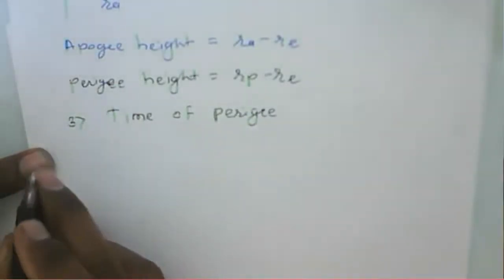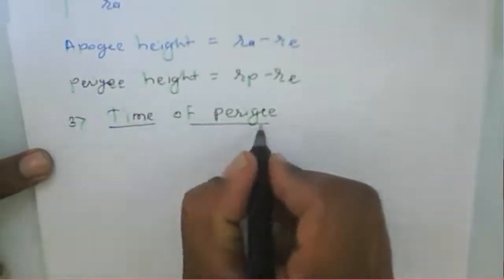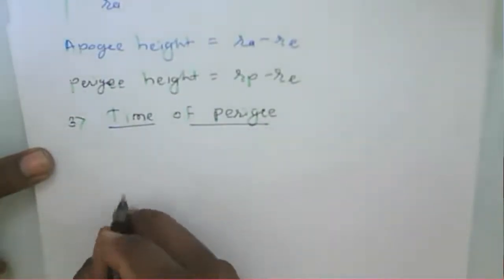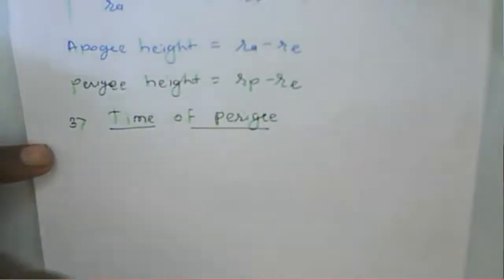Another parameter is called the time of perigee.